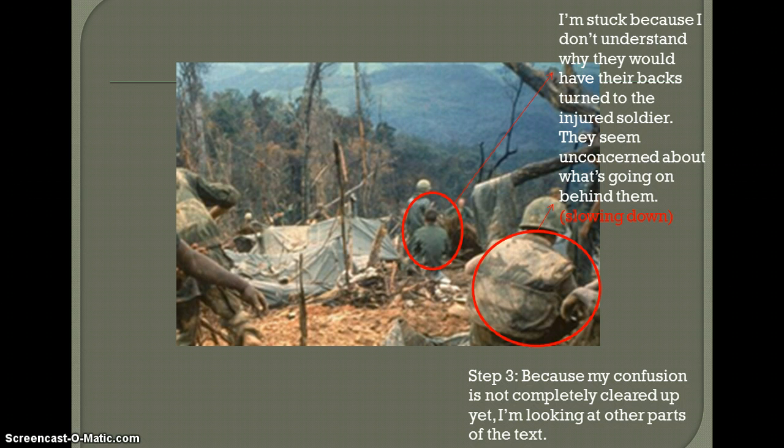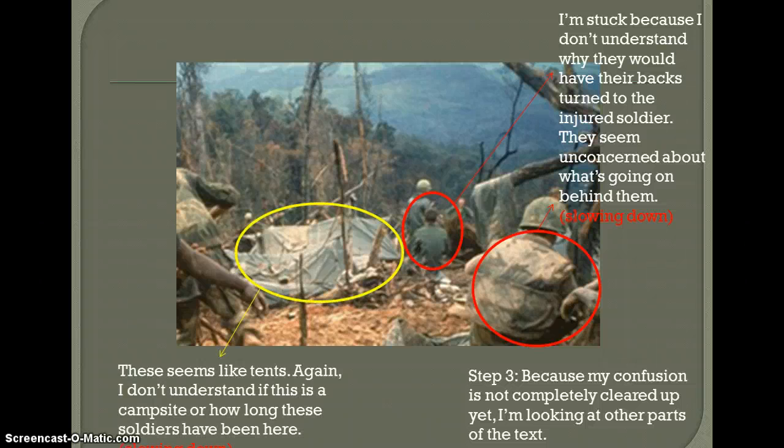And here I need to really slow down because I didn't pay attention to this part of the text initially. Here I'm stuck because I don't understand why they have their backs turned to the injured soldier. They seem unconcerned about what's going on behind them. As I'm slowing down and looking again, I also see the tents. And again, I don't understand if this is a campsite or how long these soldiers have been here.